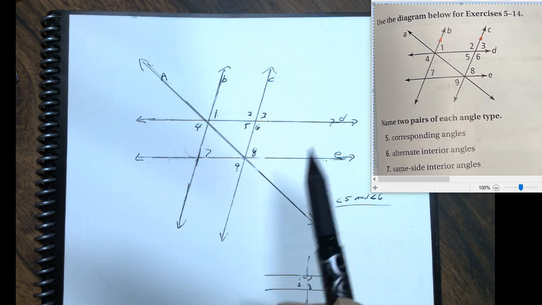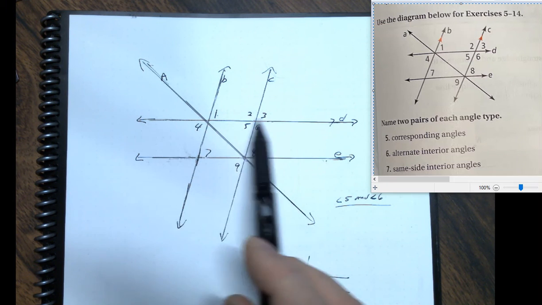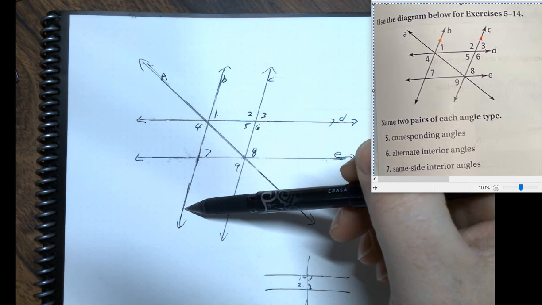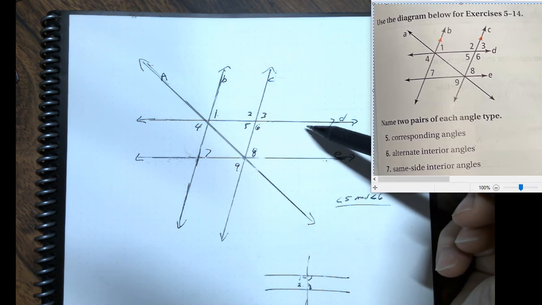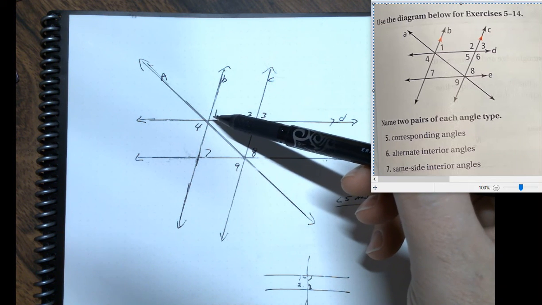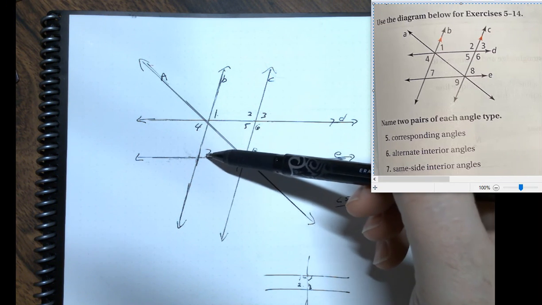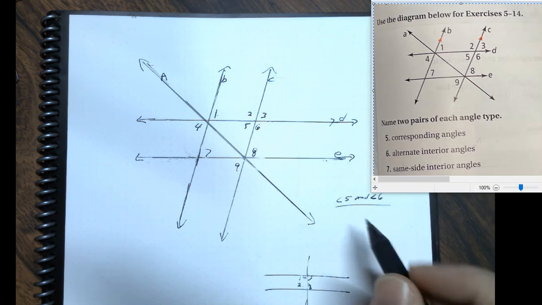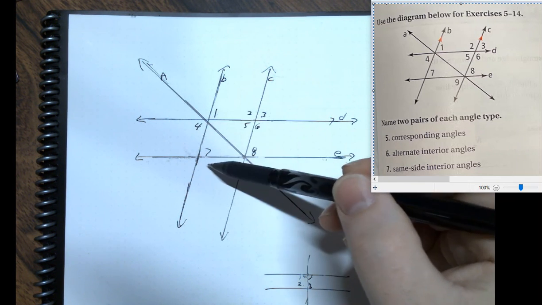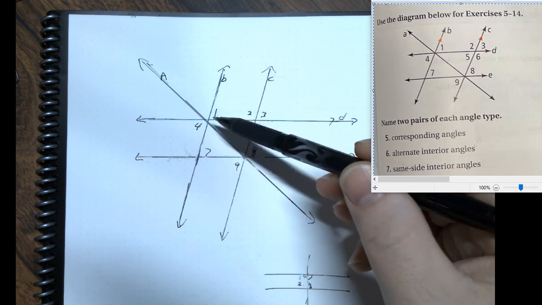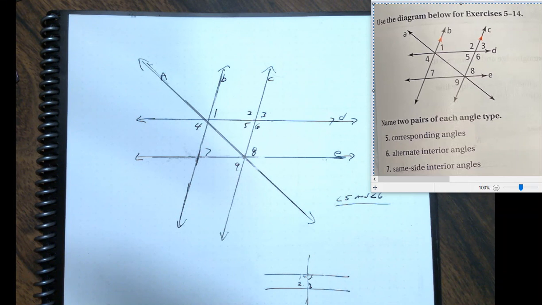Another example could be again the D and E parallel lines, transversal being B. If we're only looking at these three inside lines, it would technically be 1 and 7. So that would be another example of same side interior angles. Alright, hope that helps.